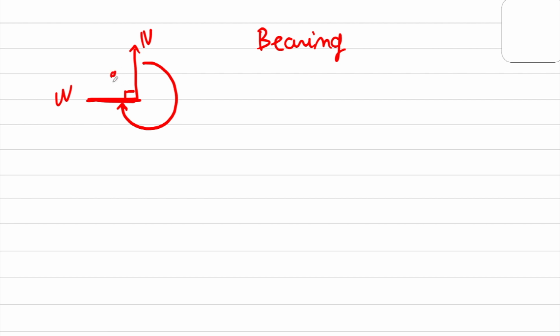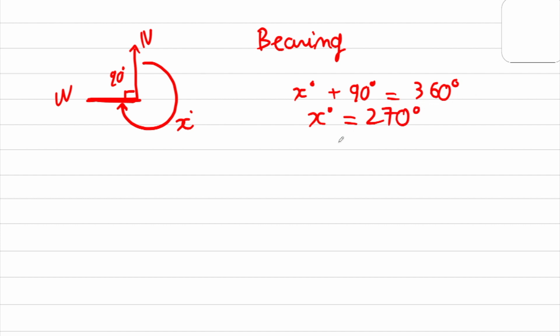Okay, so here is 90 degrees and I don't know the new angle like this. I call it a degrees. But I understand that 90 degrees and a have to make one revolution. It means a degrees plus 90 degrees equal to 360. So a equals 270 degrees.